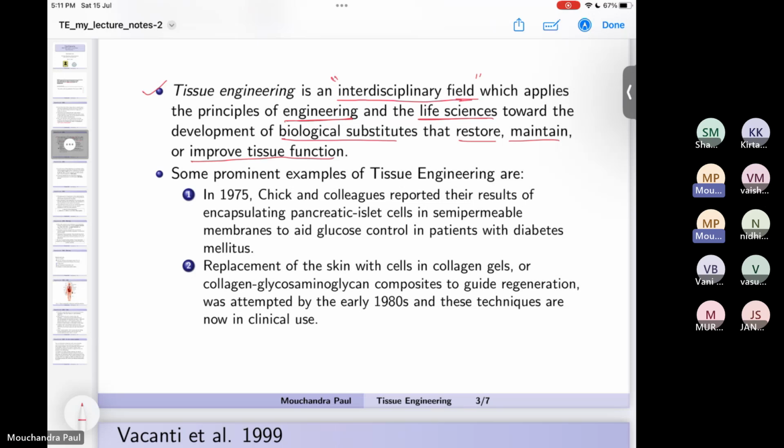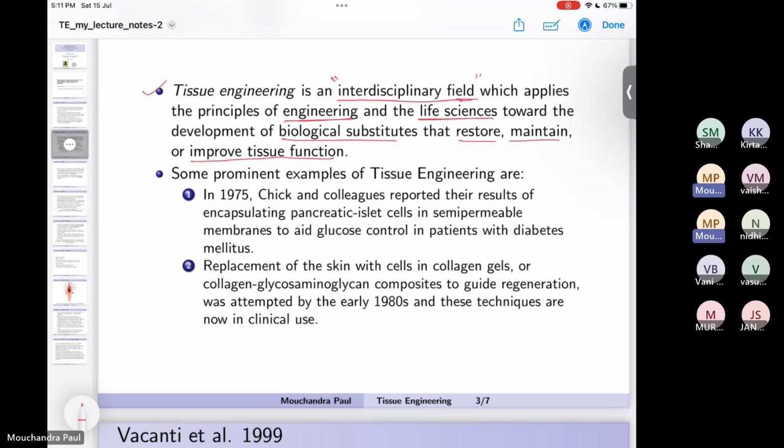This proof of concept was already given in 1975, and now if you search the internet, I'm sure there is some commercial treatment being used in clinics nowadays, but it is not yet affordable for every economic section of the society.